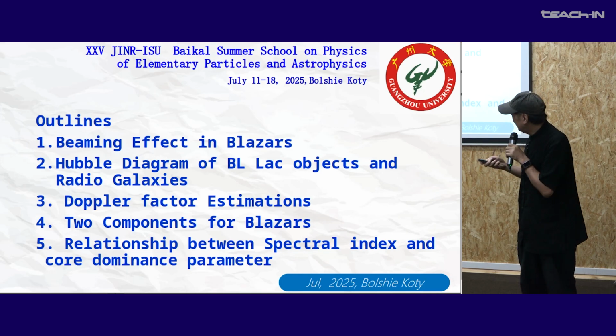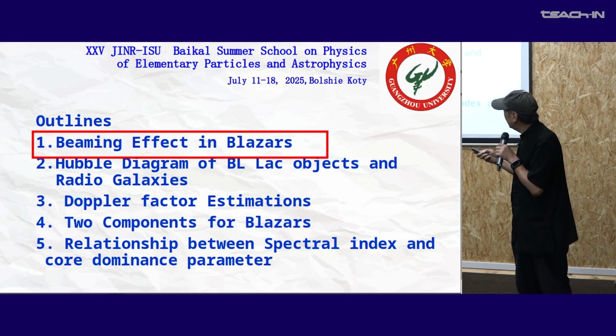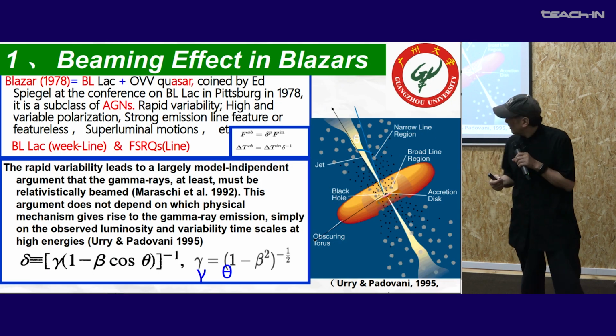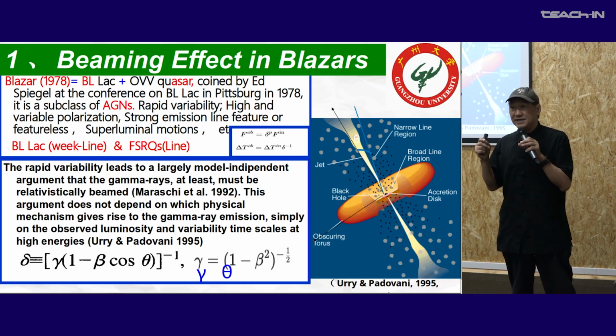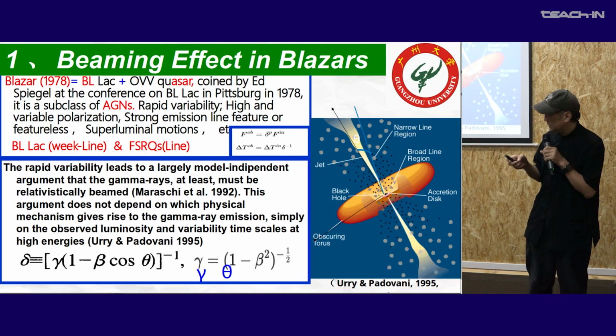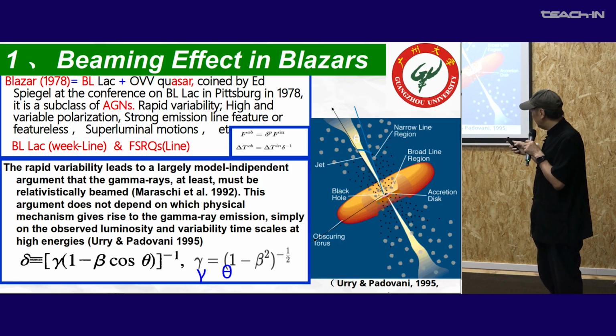Okay, now the beam effect. Because of the extreme observational properties of Blazars, people proposed a model. In this beam model, there is a massive black hole, and this is the jet.